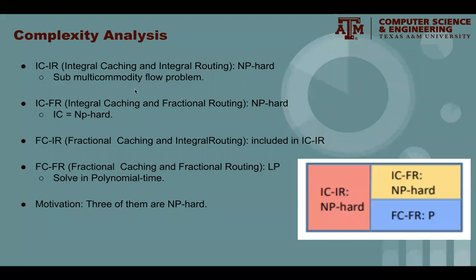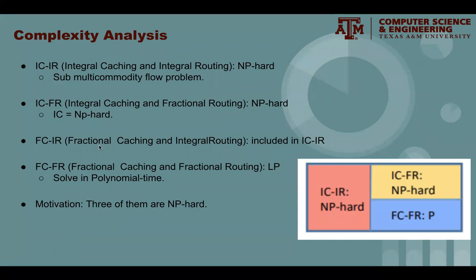And it's clear in the field of algorithms that if a sub-problem is NP-hard, then the problem will also be NP-hard. So we don't need to take care of the IR now, because IC is NP-hard, so this entire problem will be NP-hard. And a similar theory will work for ICFR. Because IC is NP-hard, we can just ignore the FR. And we can record that the ICFR is also NP-hard.